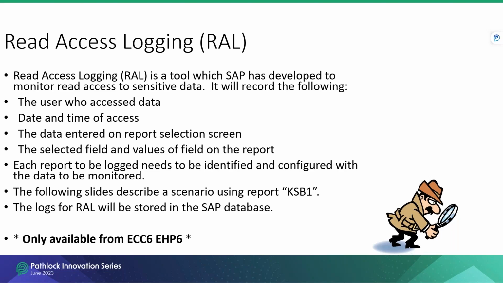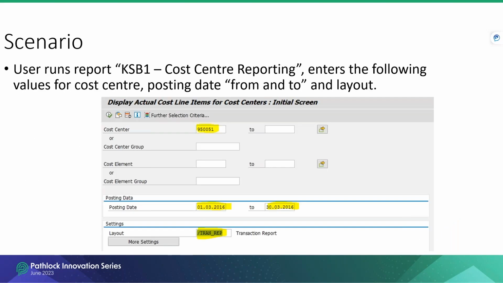So the scenario I'm going to talk about is running a report KSB1, cost center reporting. The user enters the cost center, the posting date to and from, and the layout of the report. All these fields that are highlighted here will be logged in RHEL.